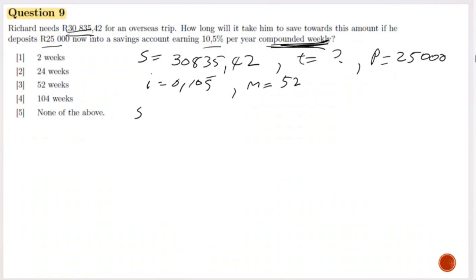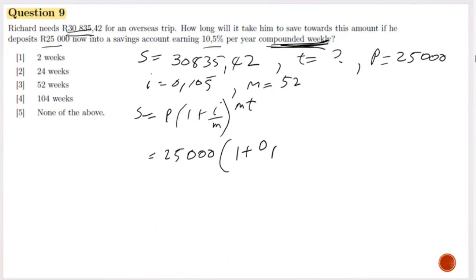So we know that our S is equal to P into 1 plus I over M, okay, to the power MT. So what is your P there? Your P is 25,000 into 1 plus what is your I? It is 0.105.